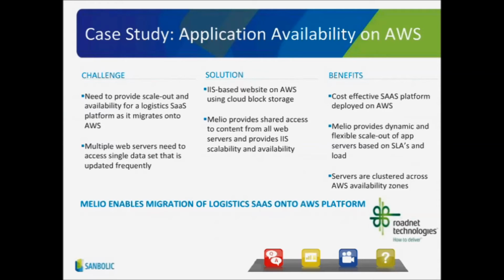There's the I/O overhead associated with that, the consistency issues, as well as the storage overhead, since you now have multiple copies of the same data. So they've used the Melio product suite to give those AWS EC2 instances shared access to the same data set. They update a single copy of that data set, and it's instantly propagated across all of their web servers.